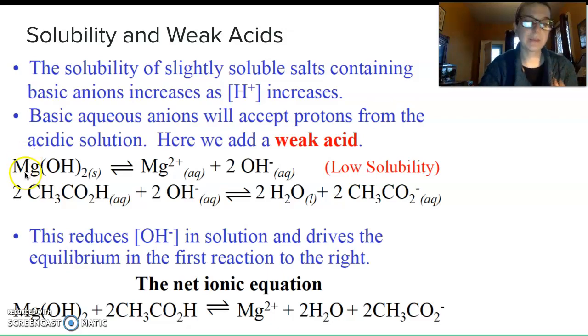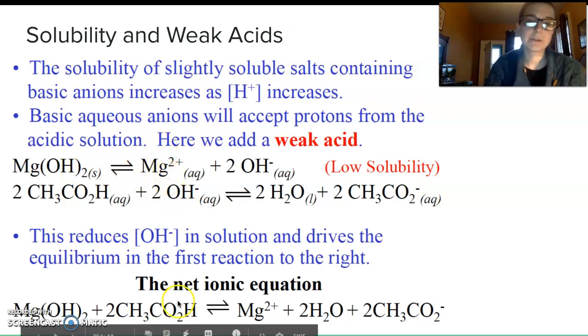So here's a weak acid. It will again react with the OH-. The two H's will leave to complete two waters and leave us with CH3CO2-, which would be a strong base. This reduces the concentration of OH- in the solution, which drives the equilibrium to the right, increasing the solubility of magnesium hydroxide.